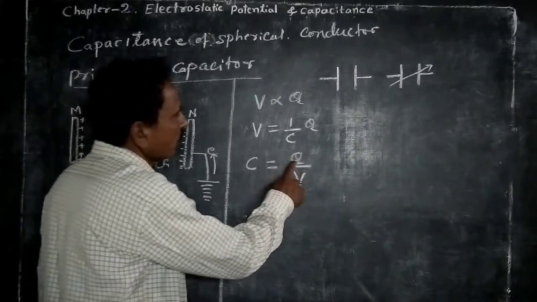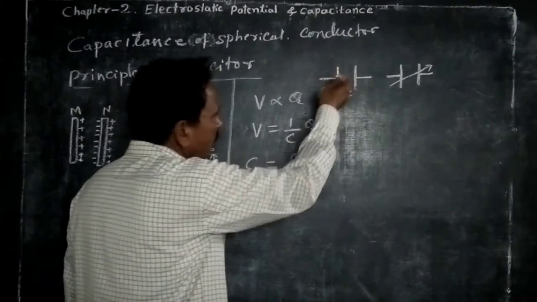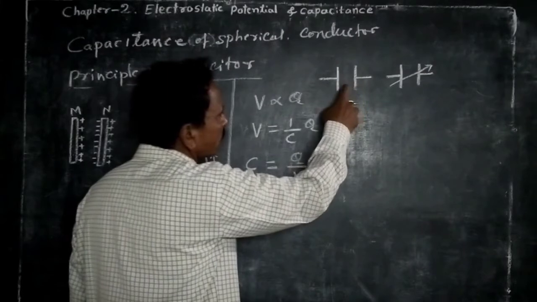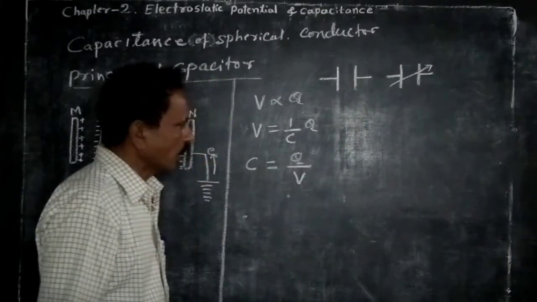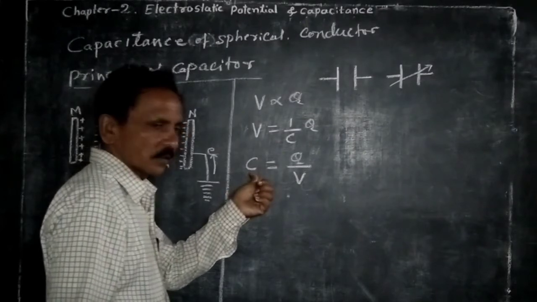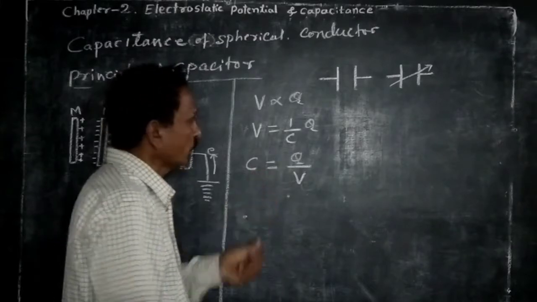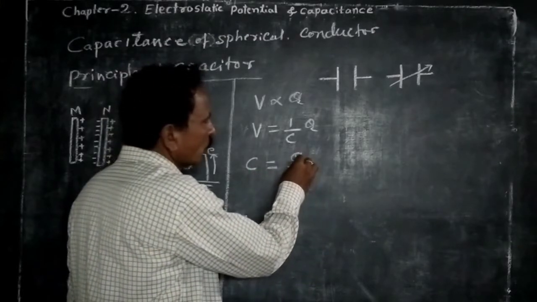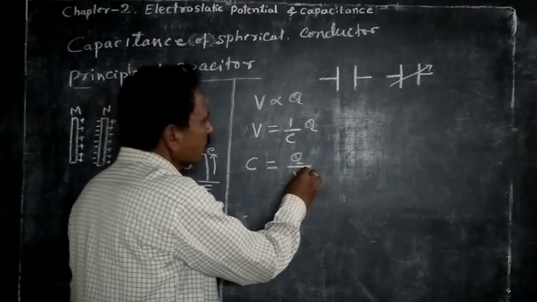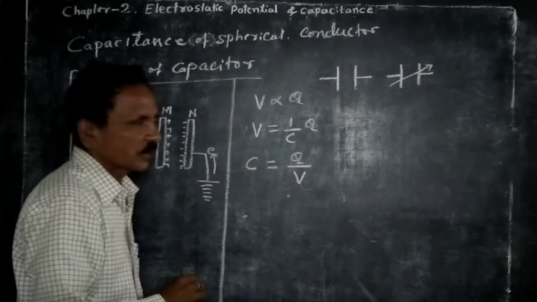Q is the charge on the conductors of a capacitor, and phi is the potential difference between the conductors. Then the capacitance of a capacitor is defined as the ratio of the charge given to the conductors of a capacitor to the potential difference between the plates.